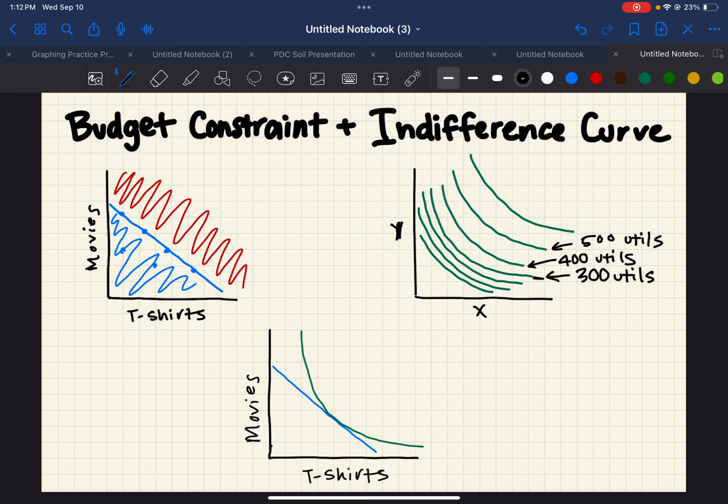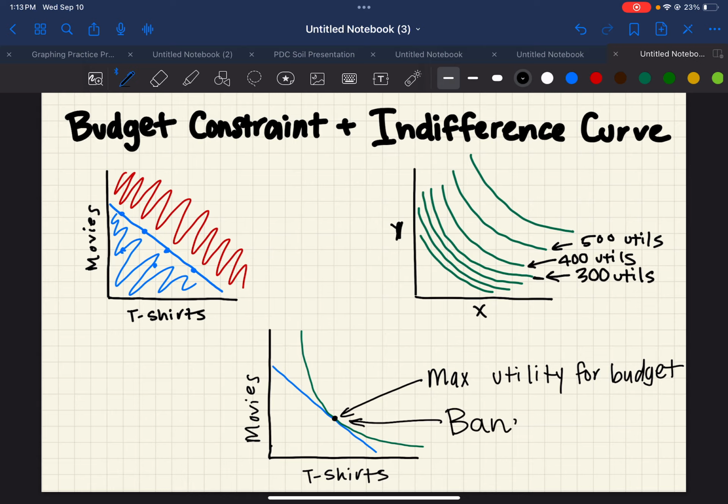You'd want to find the indifference curve that is tangent to the budget line, and the point where those two touch, that is the point where you get the maximum utility for your budget. Maximum utility for the amount of money that you can spend. I like to call it the bang for your buck point. This is where your budget meets your maximum utility.